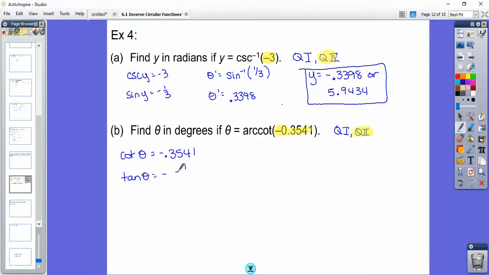We don't have a cotangent button. We know we're going to have to think of this in terms of tangent anyway. So tangent is the reciprocal of that. This is the one where if I just type in my negative, I will get the wrong answer. So I have to do it this way. To get my reference angle, you need to do tangent inverse of 1 over positive 0.3541.